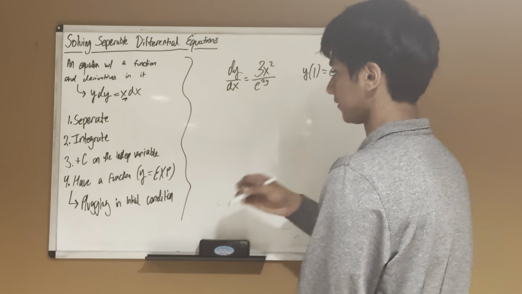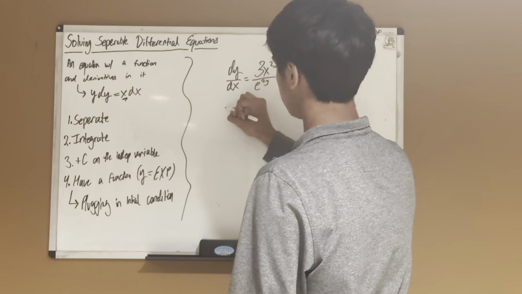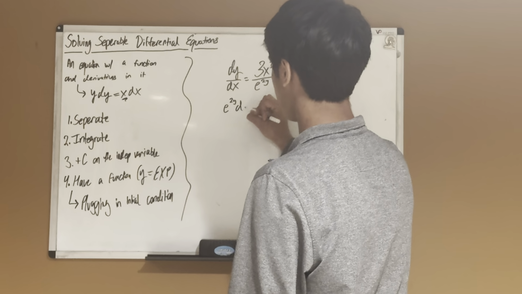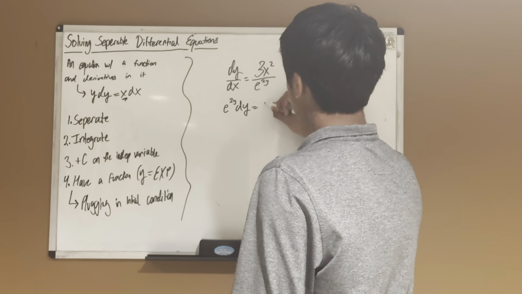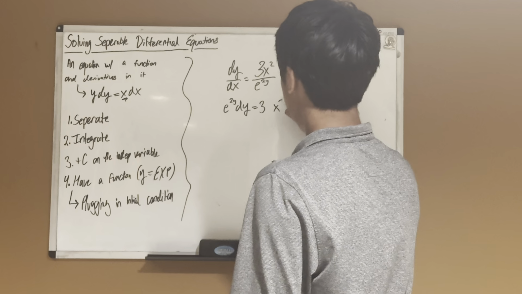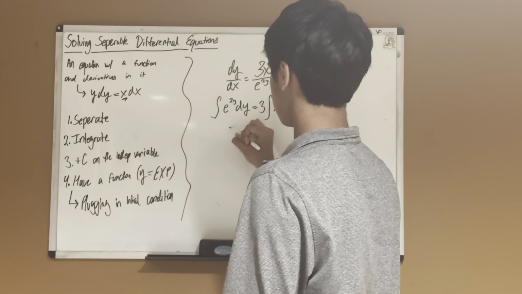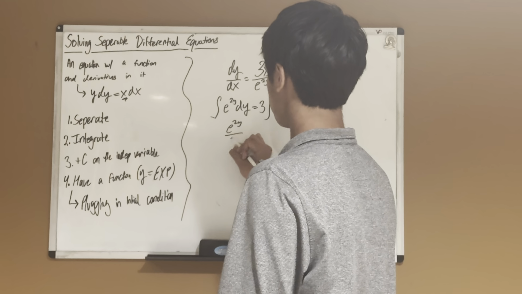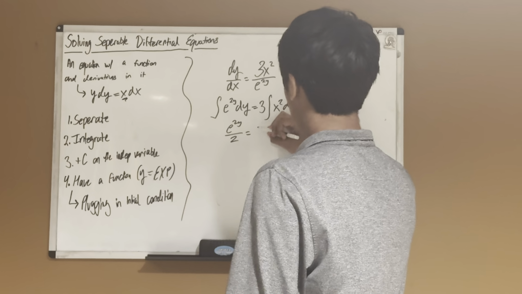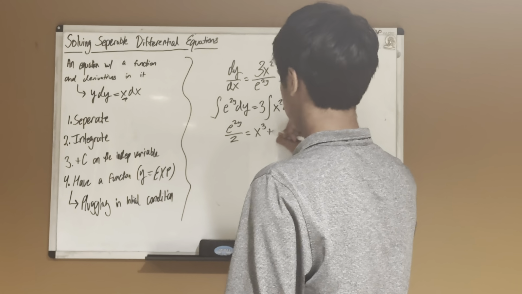So in this case, we have to separate the variables. So we do e to the negative 2y dy equals 3x squared dx. Now we integrate. We get negative e to the negative 2y over 2 equals x cubed plus a constant.